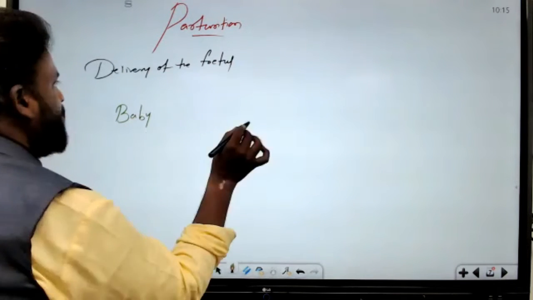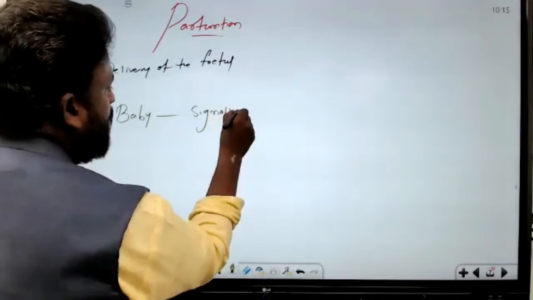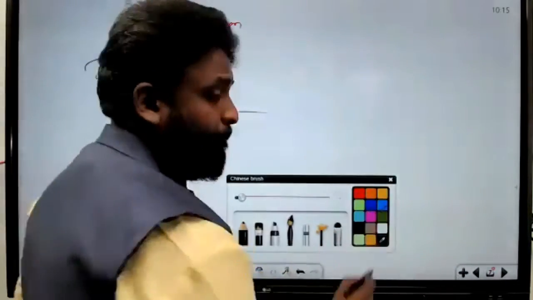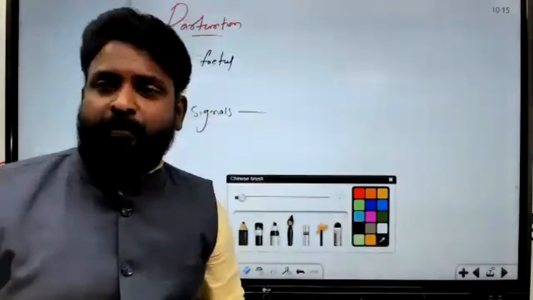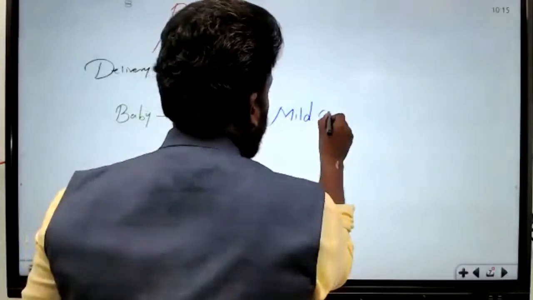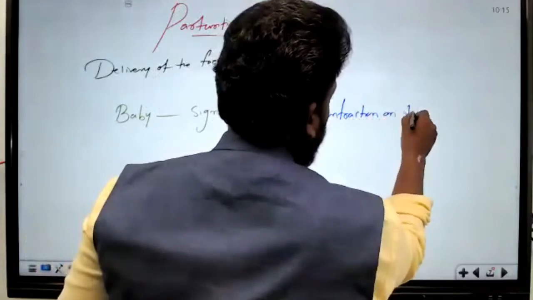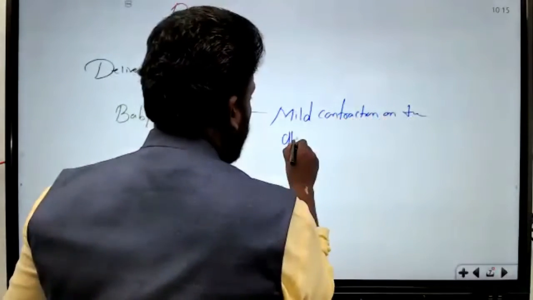That fully developed baby or fetus sends signals. Those signals cause mild contraction on the uterine muscle.